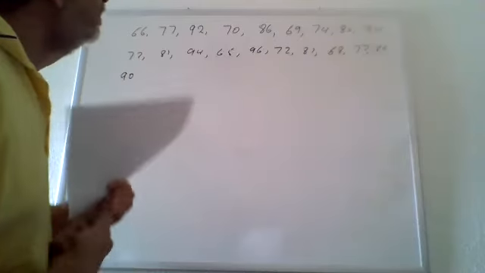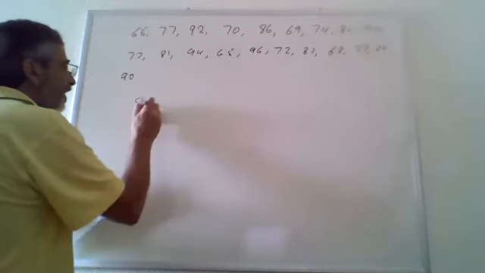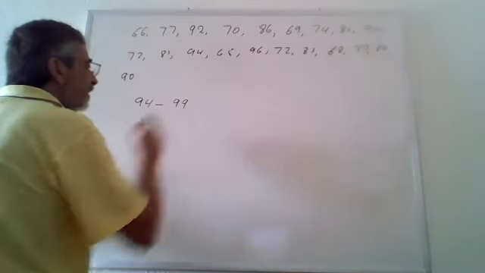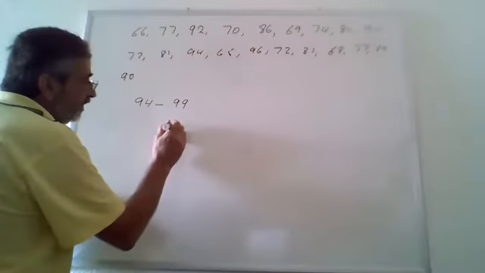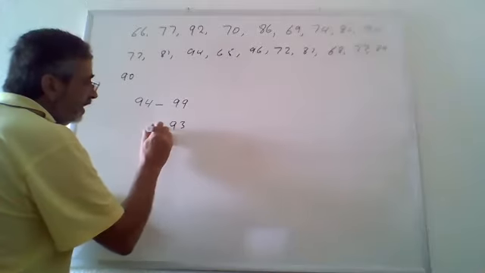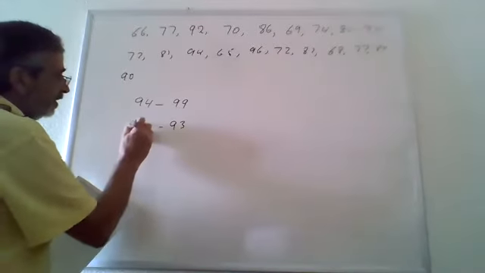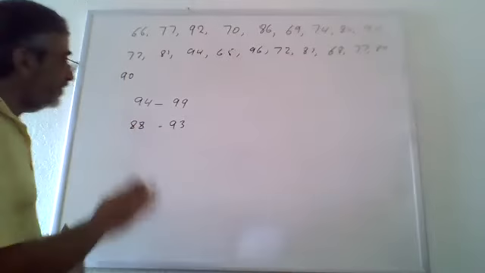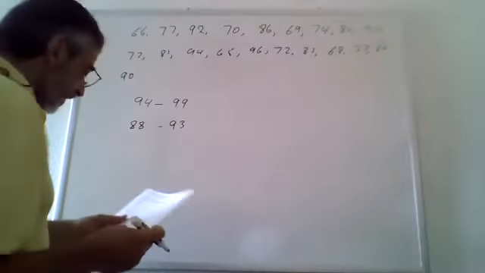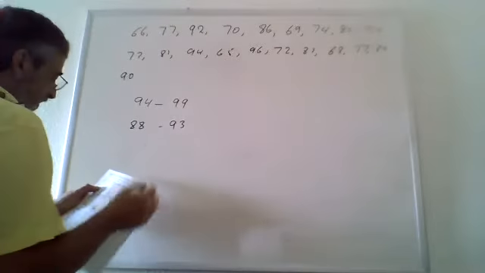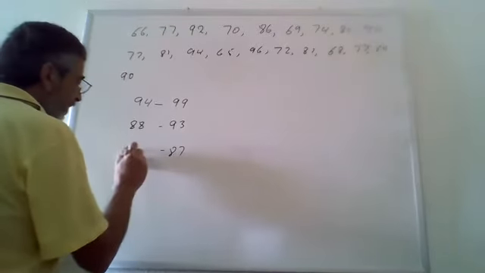Now, I'm going to start with 94 to 99. And then below that, the next number is going to be 93. And I'm going to go 6 numbers down, there's going to be 88. Now, you remember, you're going to add this number and that number. And then we have 87, 82.